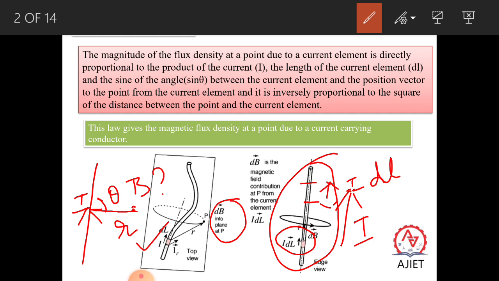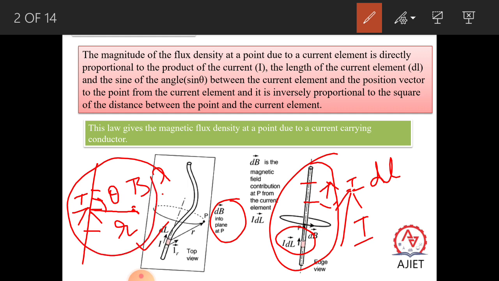So theta is the angle between the current element and the position vector from the current element, and the field is inversely proportional to the square of the distance from the point to the current element I. So this is actually called Biot-Savart's law.